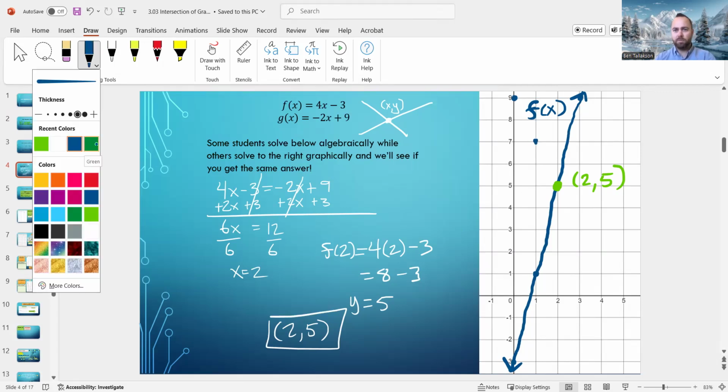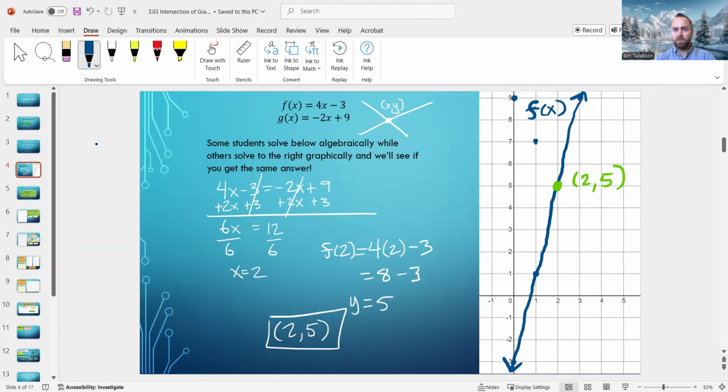We just want to finish graphing this. So down 2, right 1, down 2, right 1. I'd say that's enough points to get this put together. Here we go. Straight line through that point, and there it is. This is our g of x. Solution is the point where they cross.